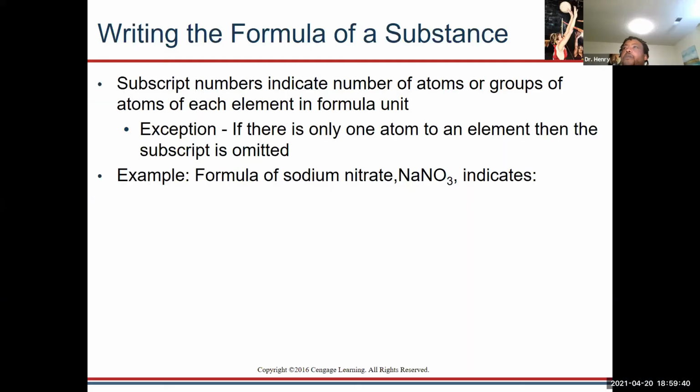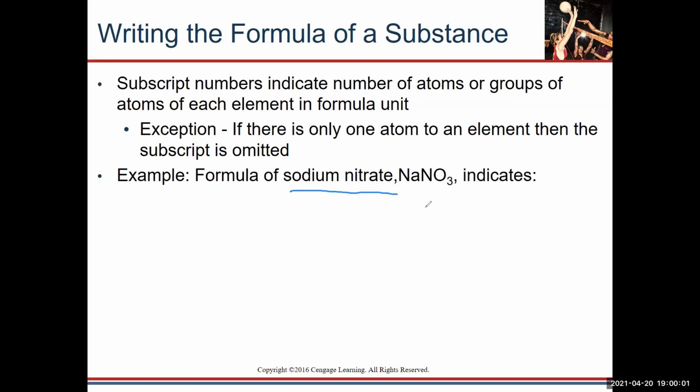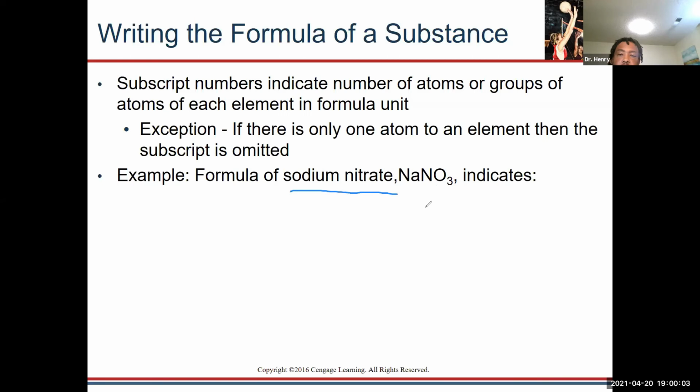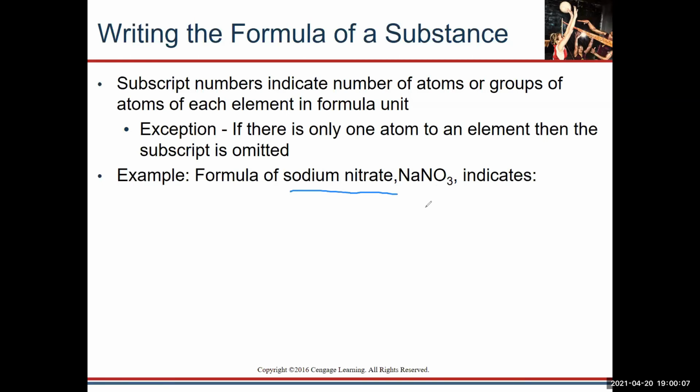Okay, so let's say we have the chemical sodium nitrate, right? First thing that we want to do is make sure that we have the chemical formula. Sodium has a +1 charge, nitrate has a -1 charge. It has to balance out. So how many sodiums do I have here? 1. Okay. How many nitrogens? 1.